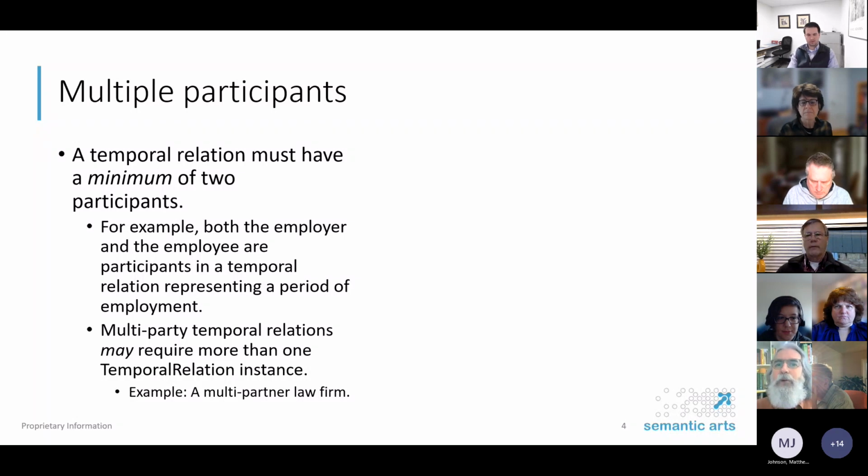Some multi-party temporal relations, ones where you've got more than two participants going on, might require more than one temporal relation instance. Things can get kind of inky.